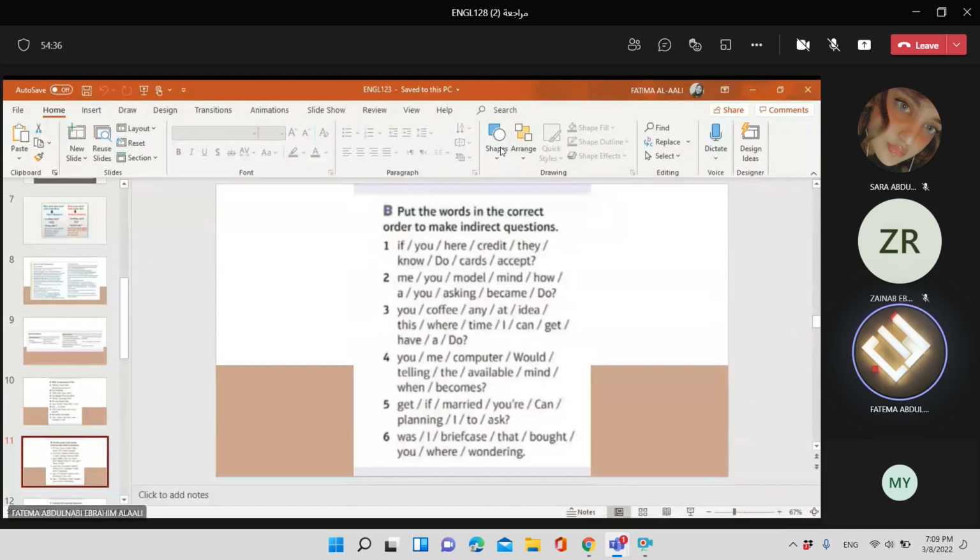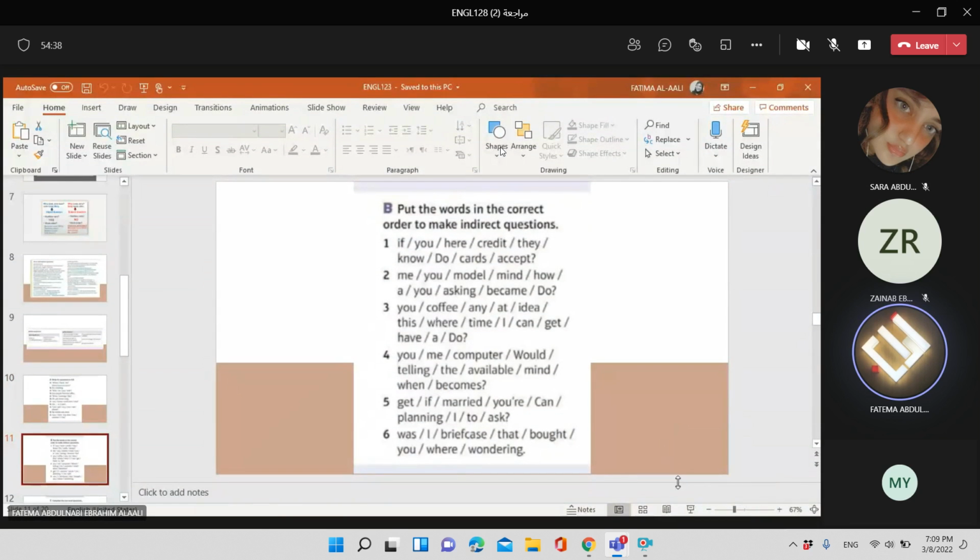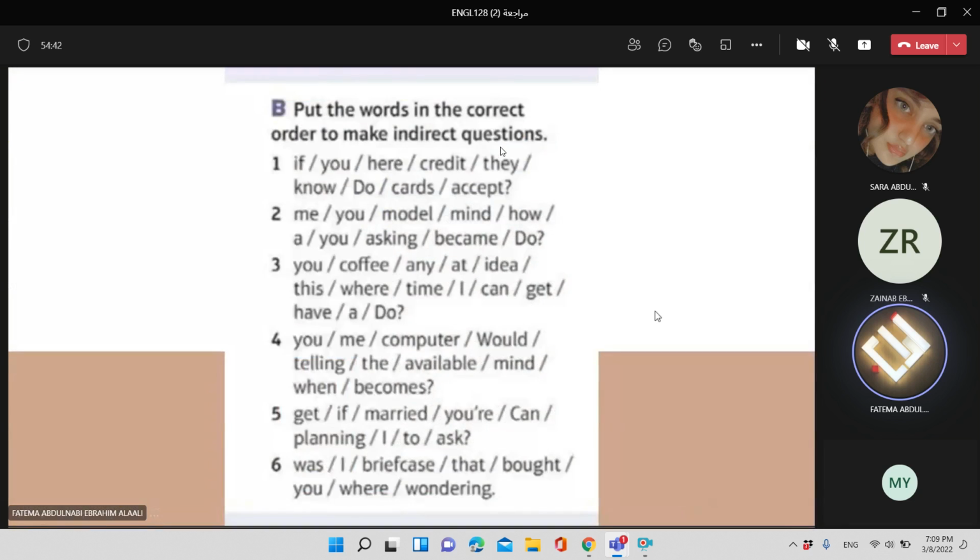We put the words in correct order to make an indirect question. Okay, so now we're going to form indirect questions, and we have to put them in the correct order.